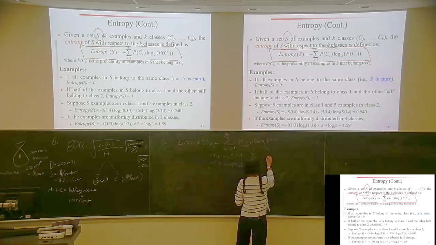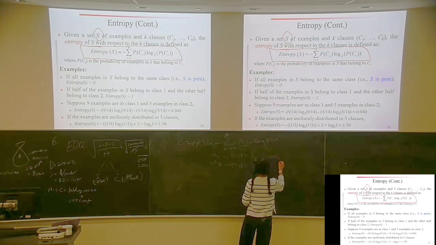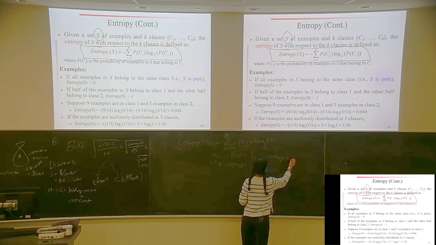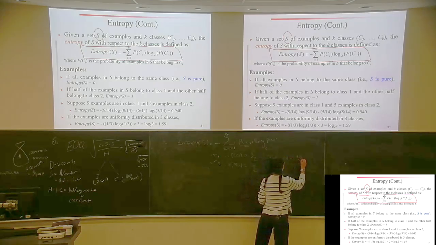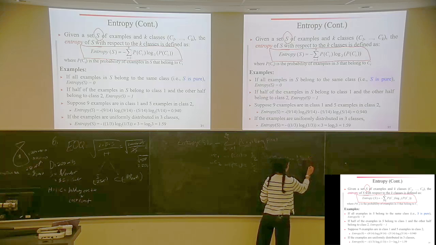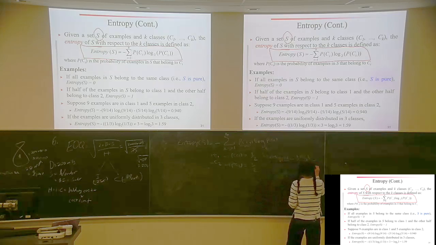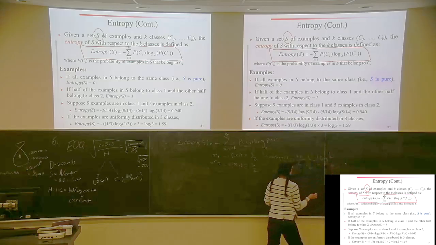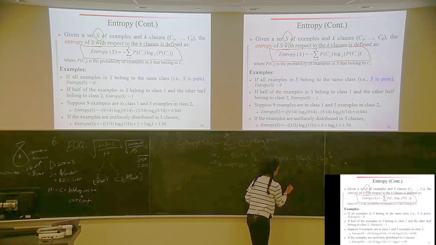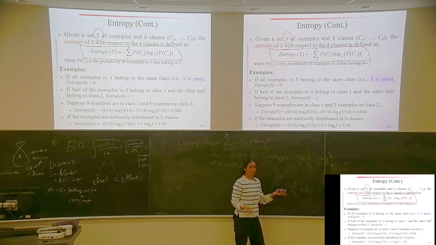Now, the entropy of this set would be minus 1 over 2 by log of 1 over 2, minus the same. Now, what is this? Minus 1, right?